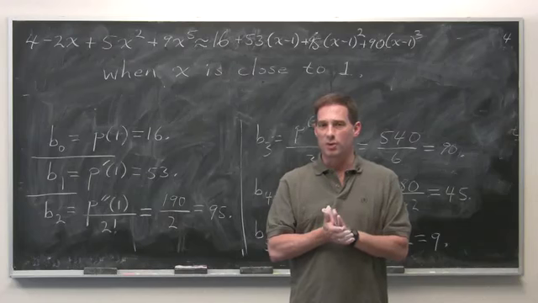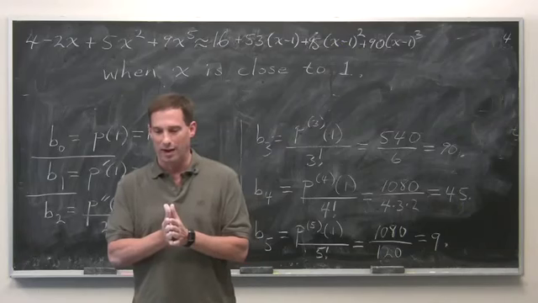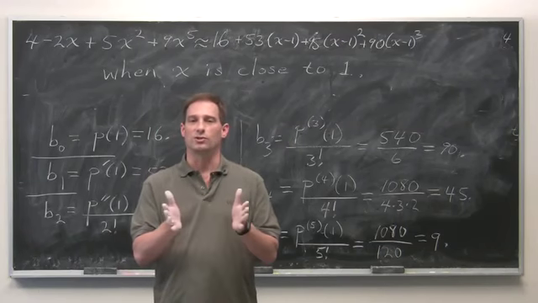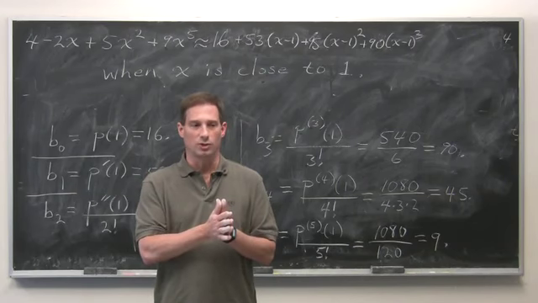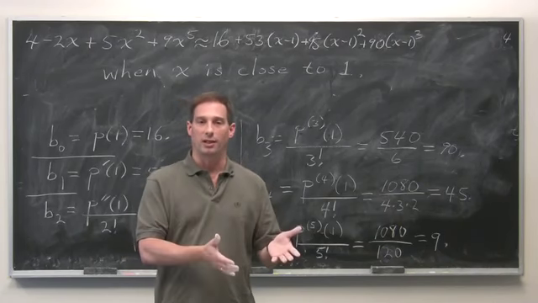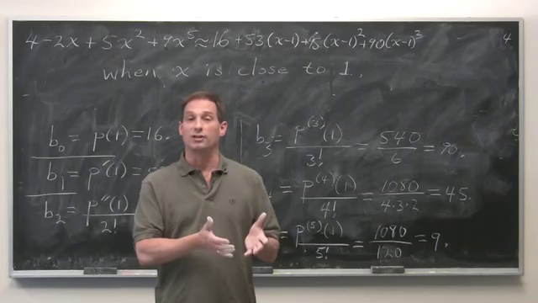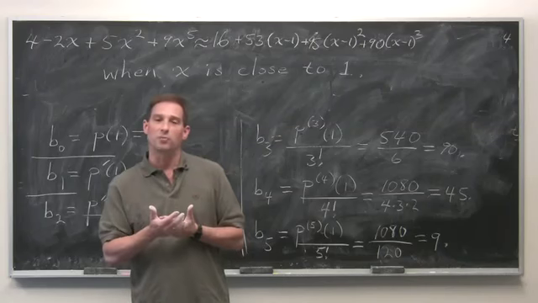If you want to approximate a polynomial well near some other value, so not for x close to 0, but when x is close to 17, then you would want to be given the polynomial as centered at 17. You would like to have powers of x minus 17. And then the same principle holds.